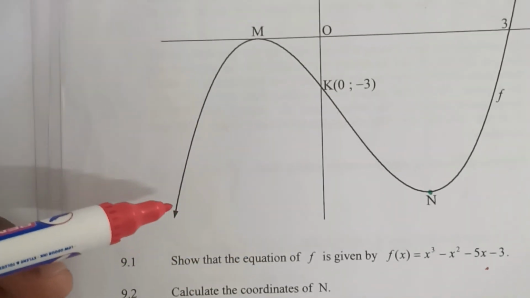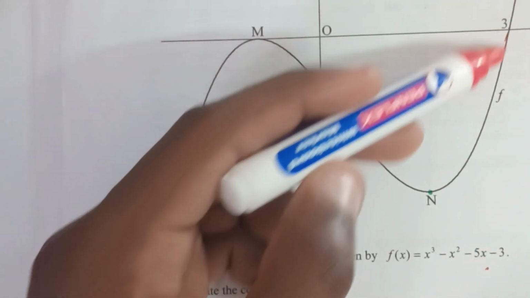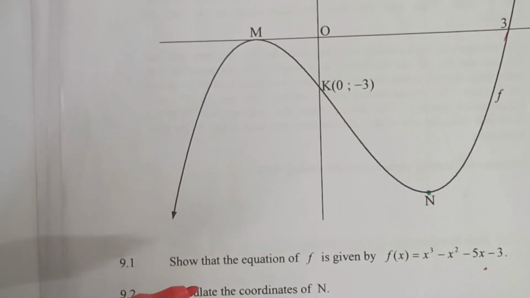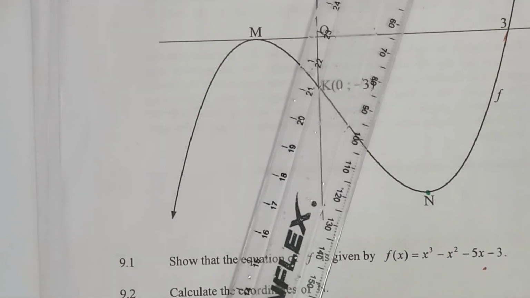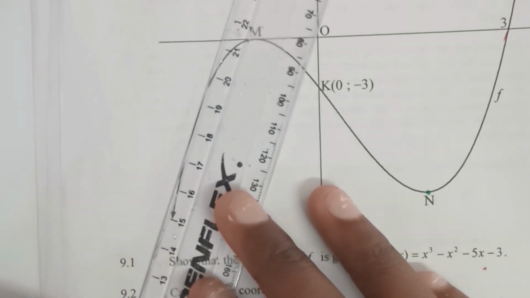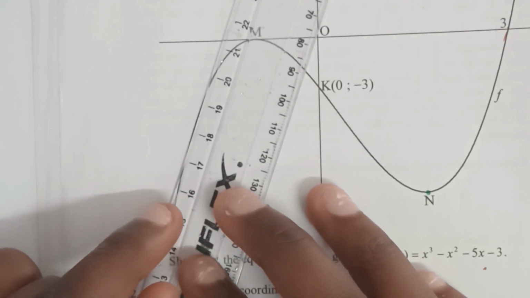Let's firstly look at the graph. Here's the graph, and when we do the ruler method, it means that you put a ruler on your graph like this. You look at it and say, now here I am, looking at this graph.